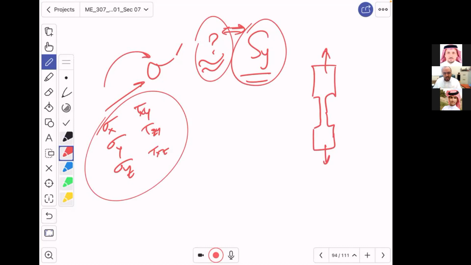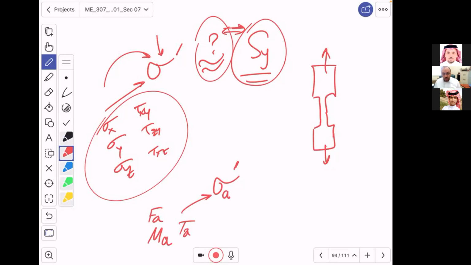Now, the beauty is this. If we use von Mises to take sigma prime a, we put an amplitude, and then inside it, we put Fa, the stress coming from axial cyclic loading. And we put inside it Ma, the stress coming from bending loading. And we put inside it Ta, which is the torque amplitude, all together.